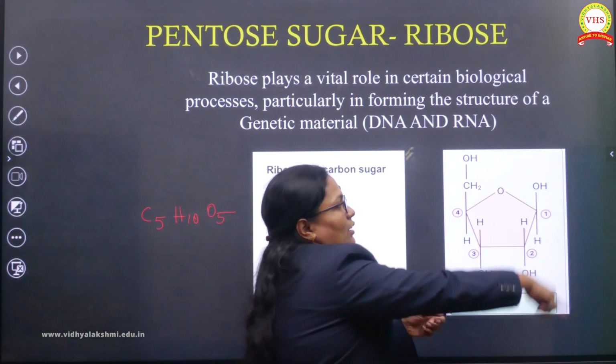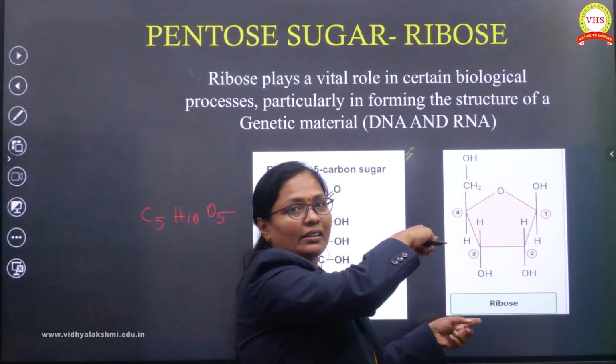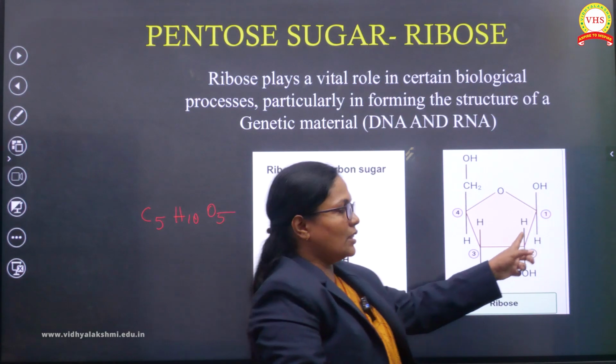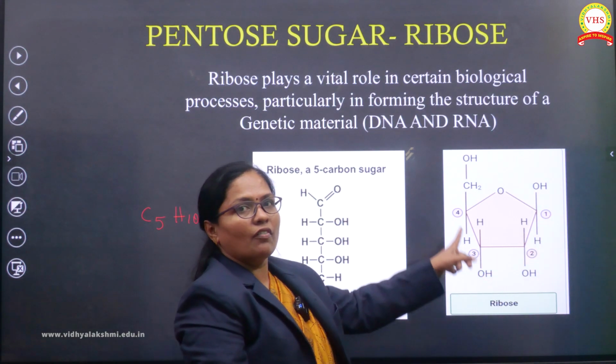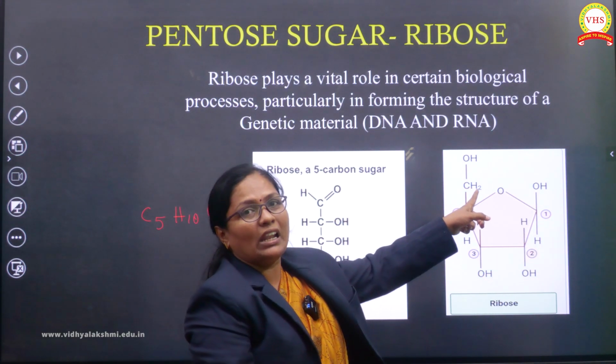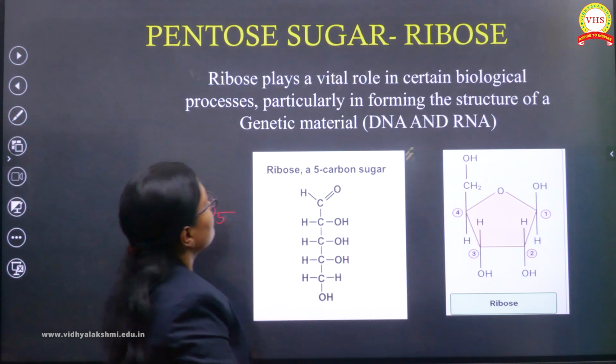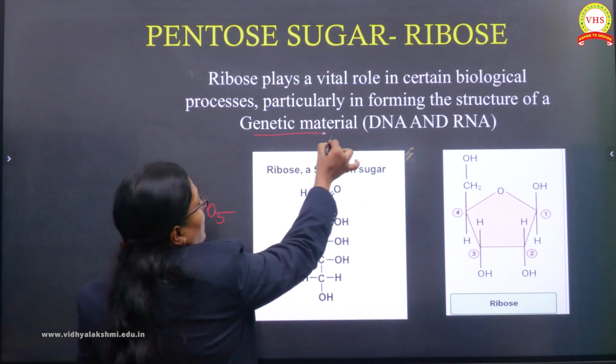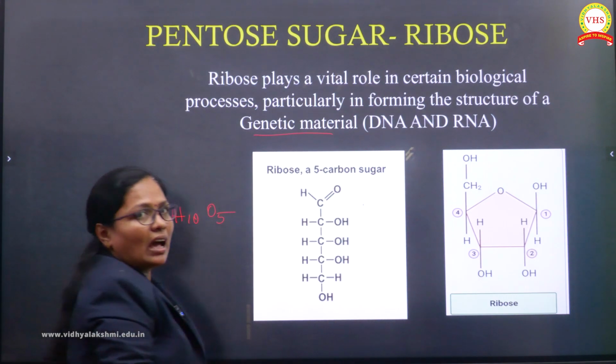When that is brought into a cyclic structure, the first carbon is here, then the second carbon, third, fourth, and on the fourth we'll have the 5th carbon. This ribose sugar helps build the genetic material, that is DNA and RNA.